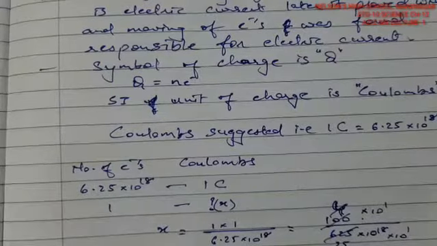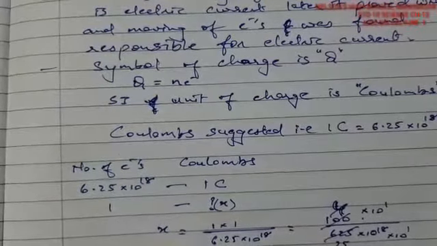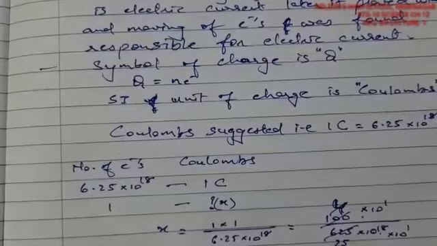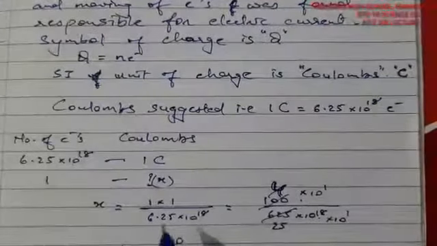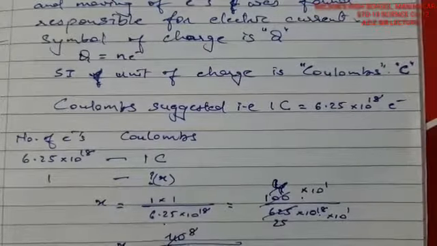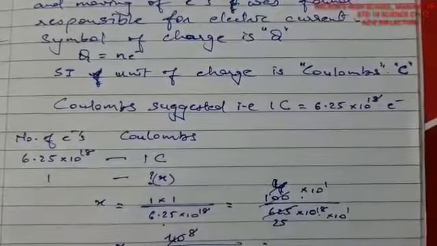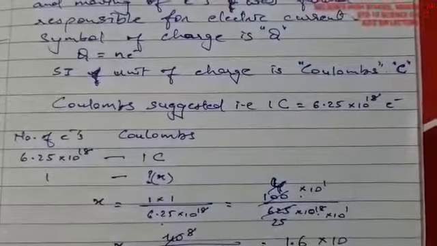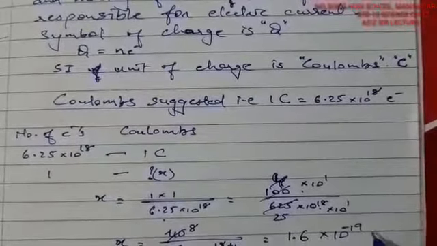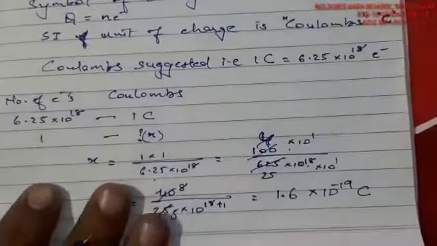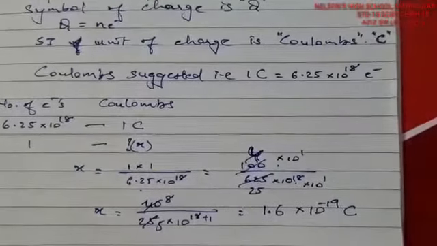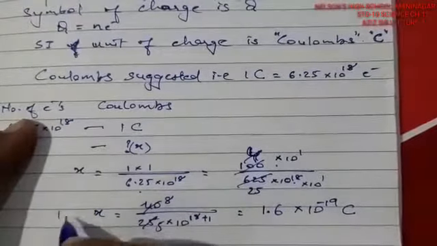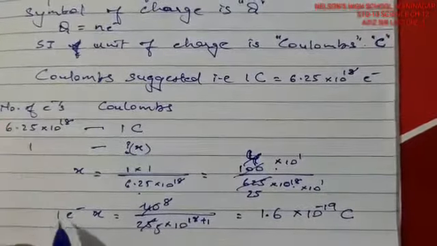40 upon 25 into 10 raised to 18 plus 1, that is 19. If I cancel it further, 5 eights are 40 and 5 fives are 25. So 8 divided by 5 comes out to be 1.6, and the power is 10 raised to minus 19 coulombs. This whole calculation shows the value of one electron's charge.